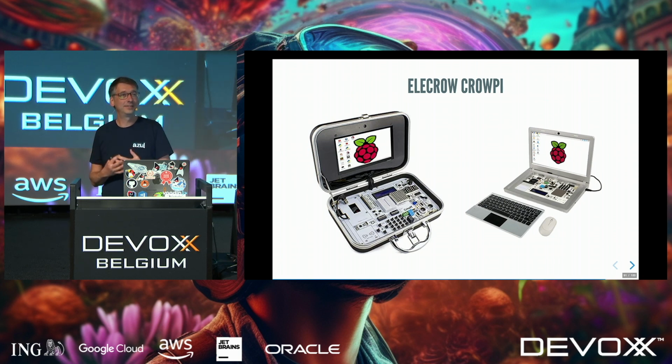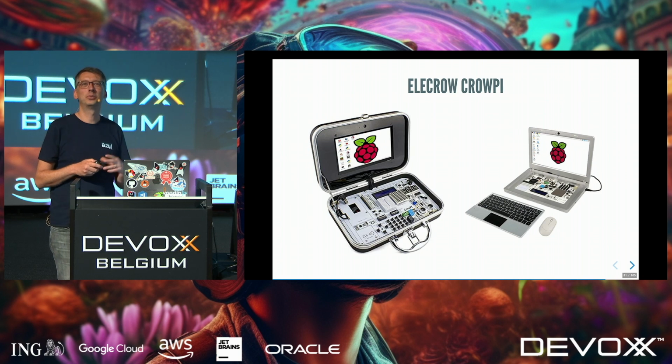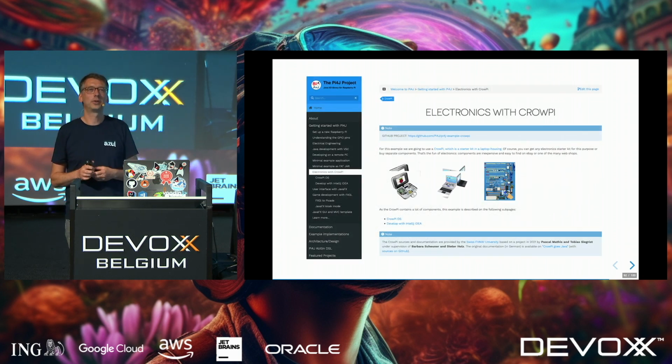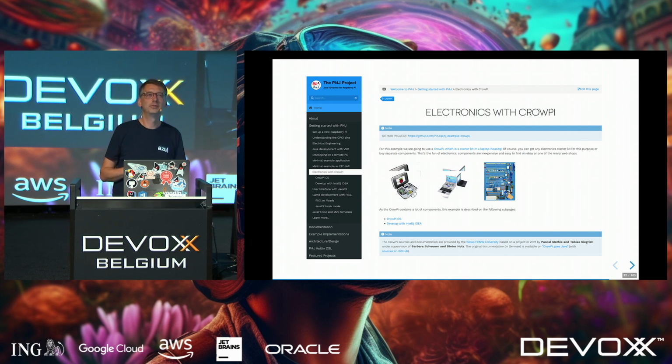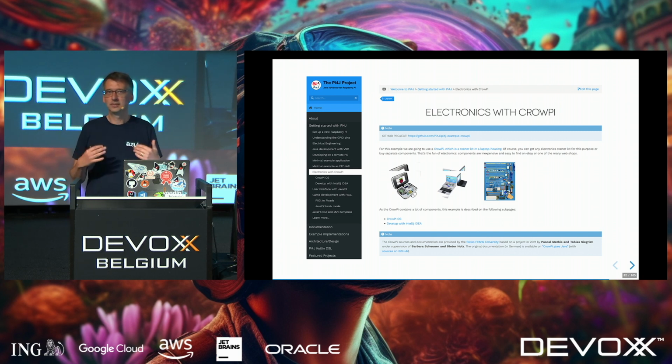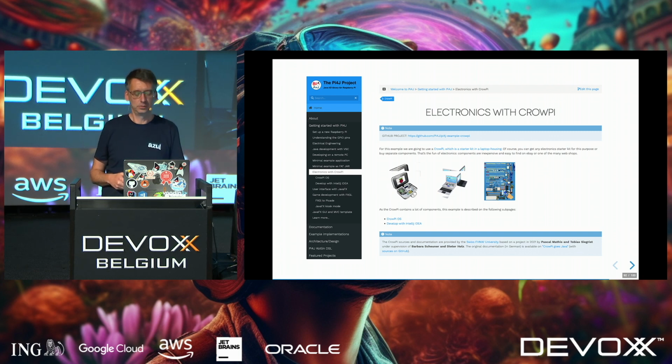But it's designed, like the Raspberry Pi originally, for Python. So being a Java developer, it was pretty hard to start with this. Now, luckily, 2 students from the FHNW University of Switzerland worked for a year, and they created Java example code for every component in this little suitcase.